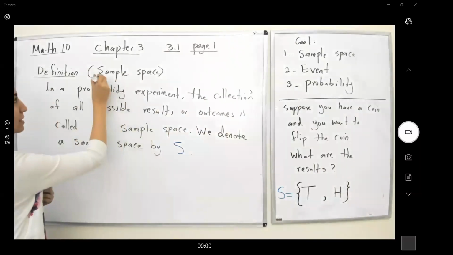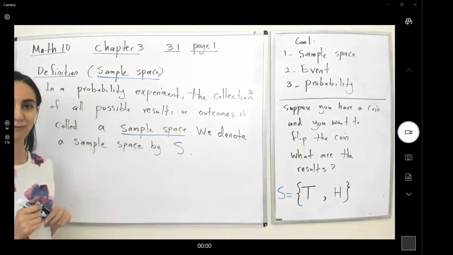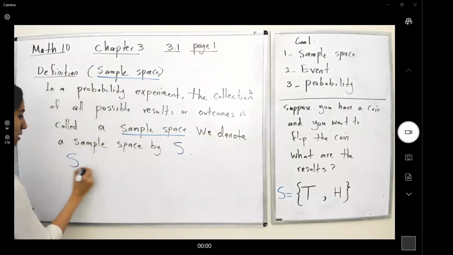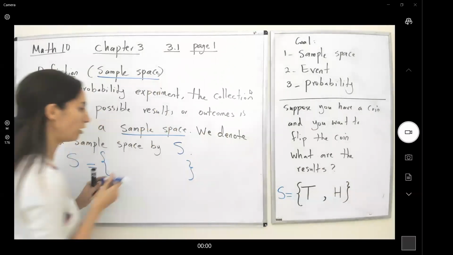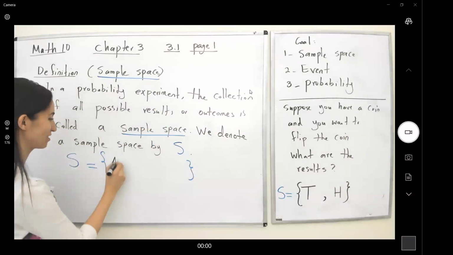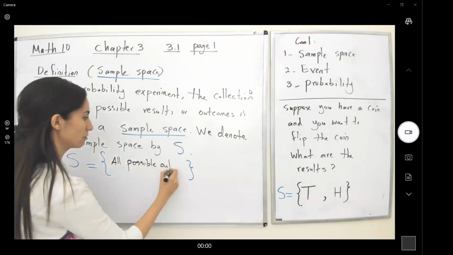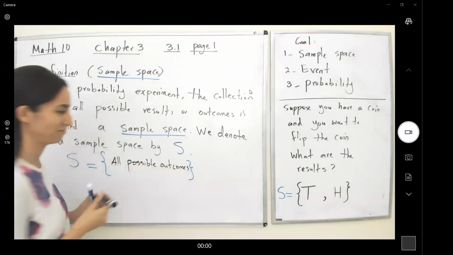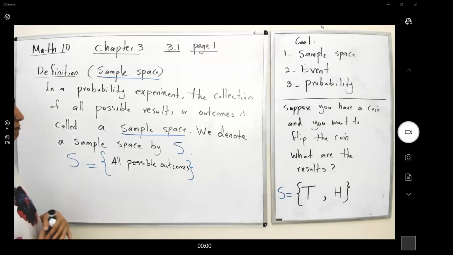So sample space denoted by S. So S is equal to the set of all possible outcomes. Very well. I have a question about the sample space.